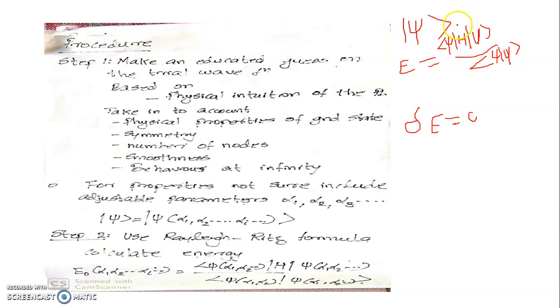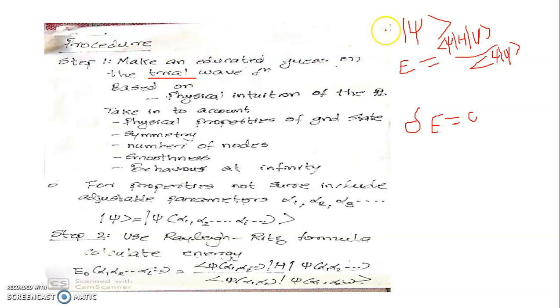To go with the variational method, we require a wave function. Here in the variational procedure, we call this wave function the trial wave function. It is a trial that we are making with the help of a speculated or guessed wave function.